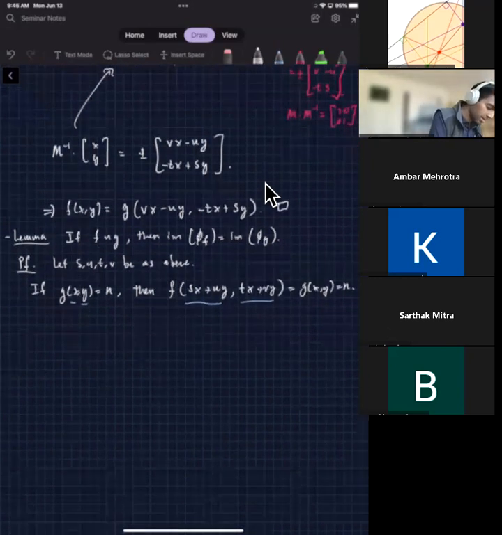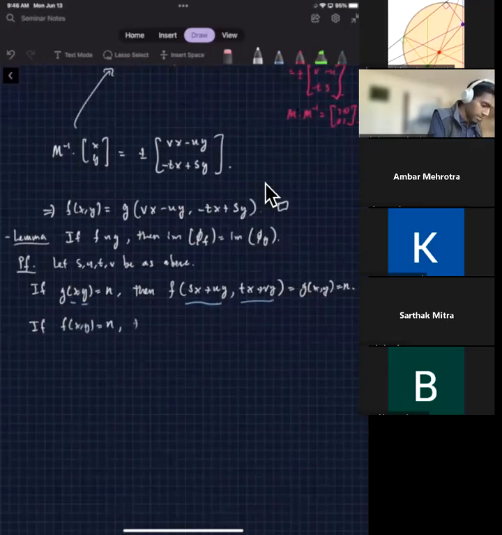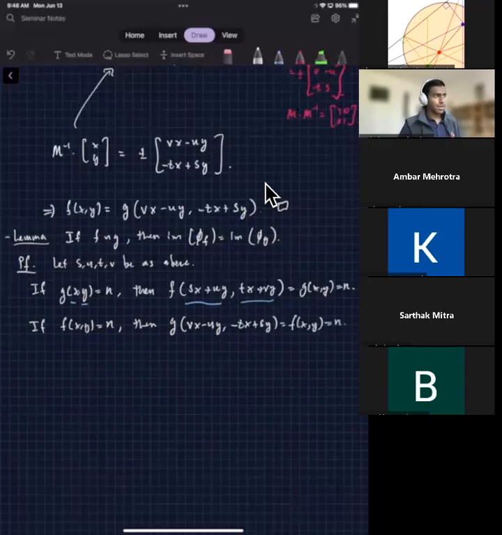And you can do the same argument in reverse. So if f of x, y equals n, then g of (vx minus uy, minus tx plus sy) was just f of x, y, and that's n. So f and g represent the same numbers. So equivalent BQFs represent the same numbers.